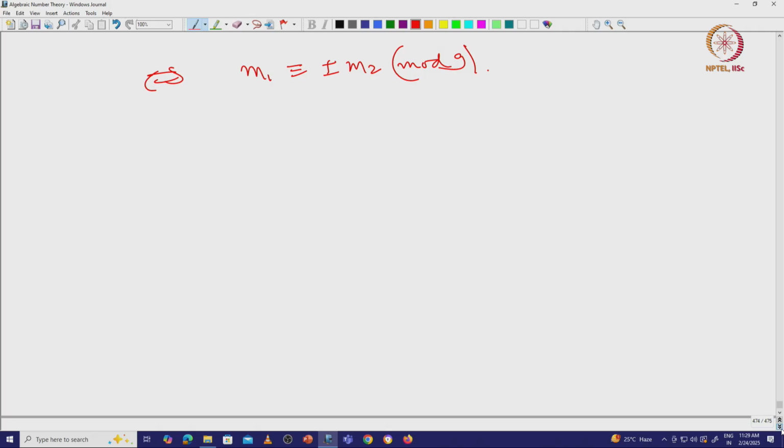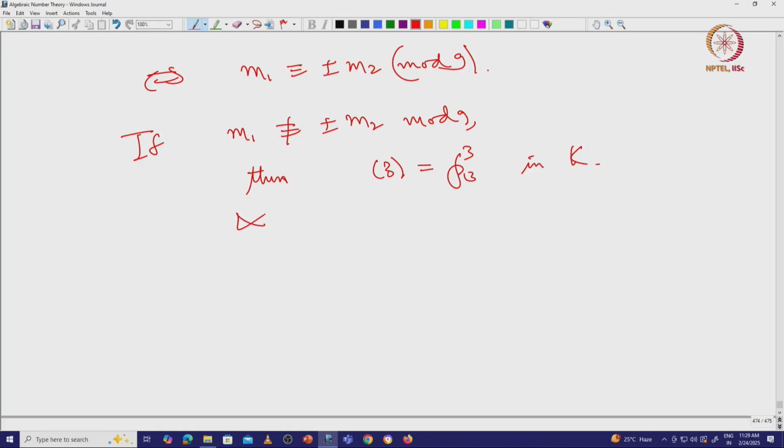So in particular if m1 is not congruent to plus minus m2 mod 9, then 3 is p3 cubed in K and d_K is equal to delta squared of 1 alpha 2, which is minus 27 m1 squared m2 squared.